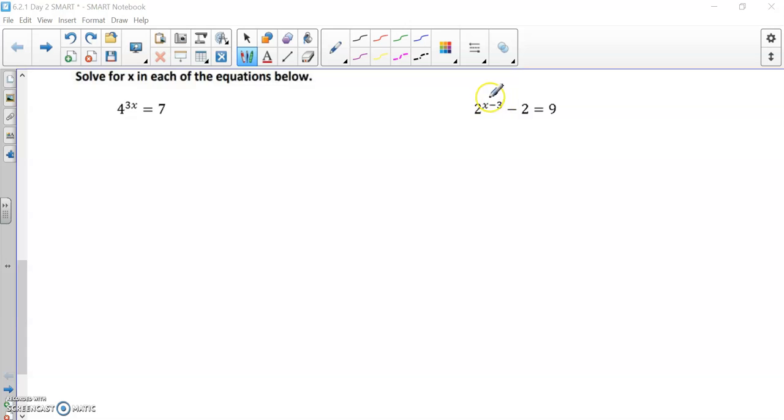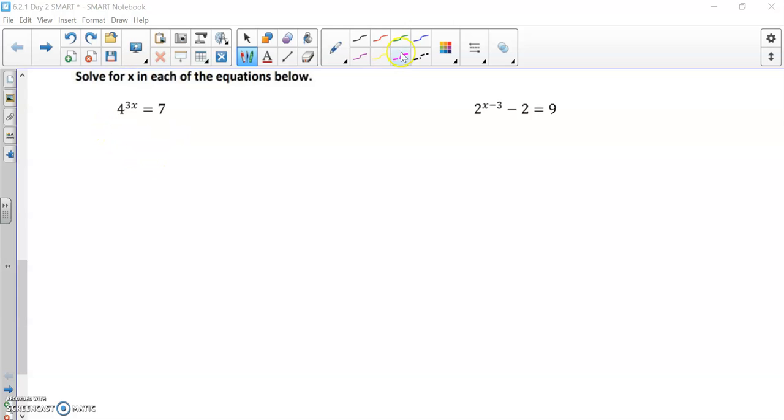And then here, there's an x minus 3 in the exponent, but there's also another minus 2 hanging out on the outside as well. So all of that stuff we're going to need to take care of as we're trying to solve these equations.